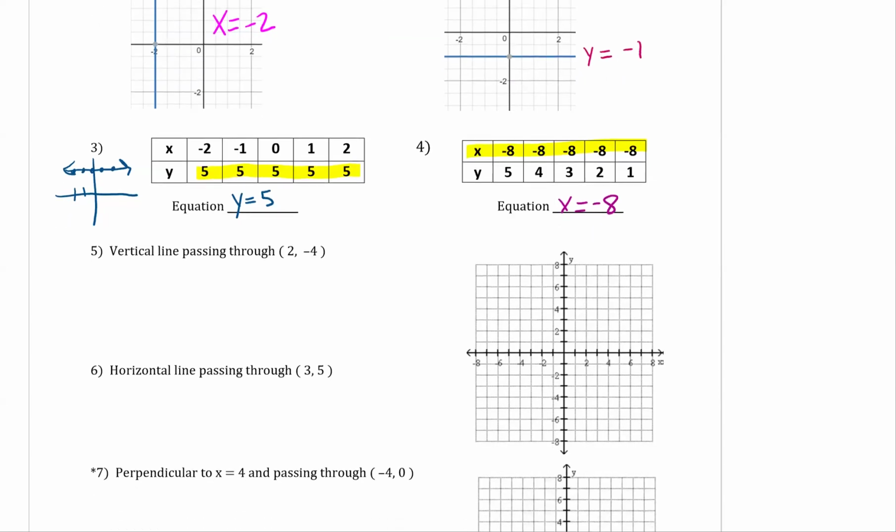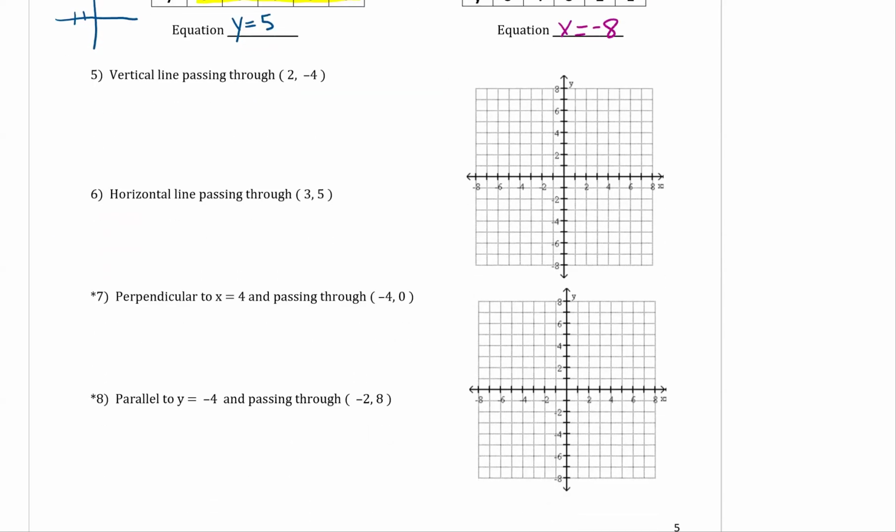Number 5, we want to graph a vertical line, or we want to write the equation of a vertical line passing through the point 2, -4. But I'm a picture person, so I want to see what this looks like on a graph. So if I go to 2, -4 and plot the point, and I want a vertical line, well, that would be what I just drew. And that vertical line would be x equals 2.